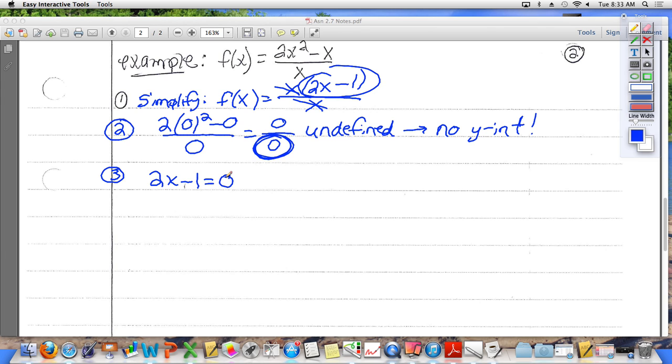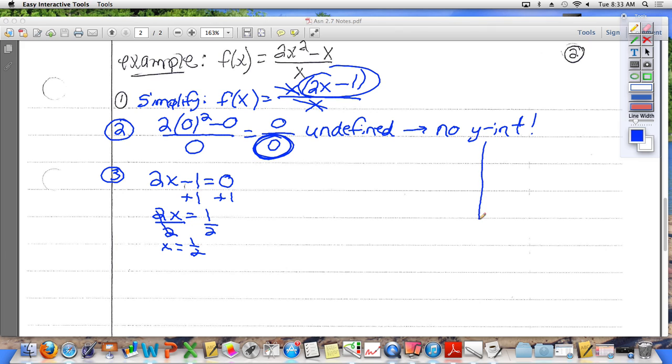Solve for x. Add 1 to each side, so 2x is equal to 1. You divide both sides by 2, so x is equal to a half. That means we have a 0 at 1/2.